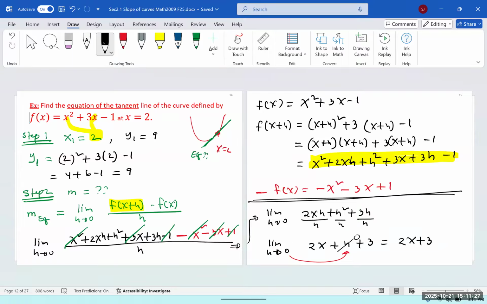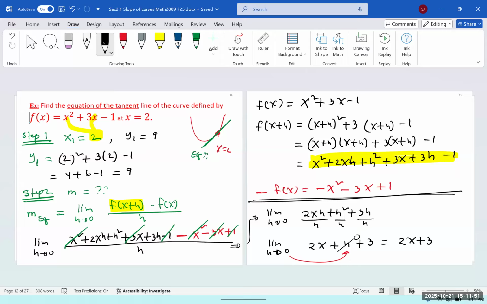And then you're going to subtract f of x. So when you subtract f of x, this will change all the signs. The positive x squared is negative, positive 3x is negative, negative 1 is positive. So this is negative f of x. And then you cancel whatever is cancelable.